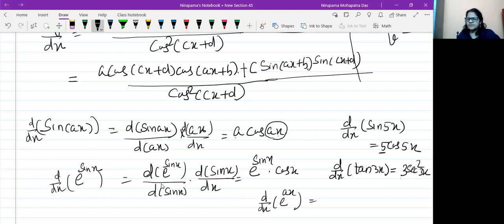So e to the power ax with respect to ax is e to the power ax, and ax with respect to x is a. That means e to the power 5x derivative with respect to x would be 5 into e to the power 5x. If it is e to the power x square, again e to the power x square into 2x. Okay, so do not forget this simple step.